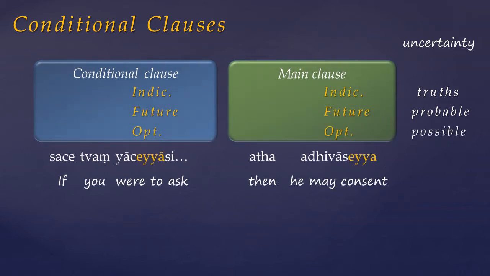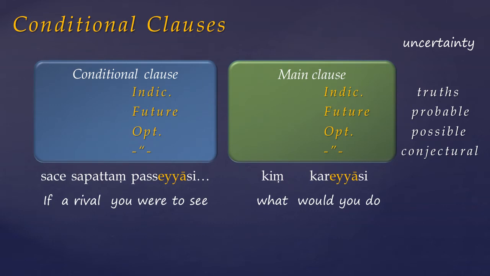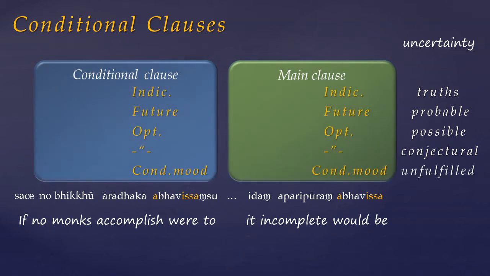The optative mood indicates something possible, or something which is conjectural, hypothetical or unsure, but still feasible. Finally, if the statement is unfulfilled or unfeasible, then the conditional mood verb that we've just seen is used.